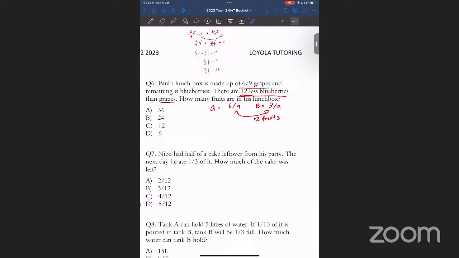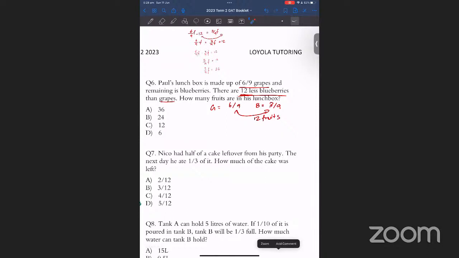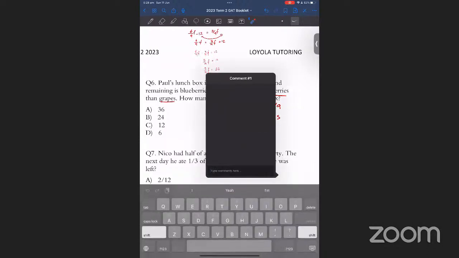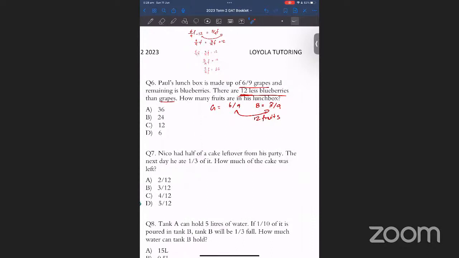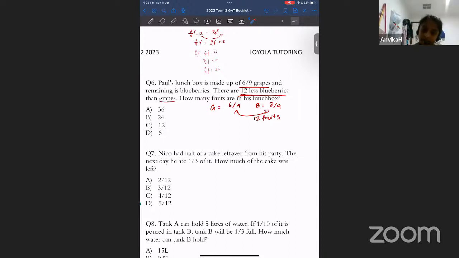The reason it's like that, Anvika, is because the question says that there are 12 less blueberries than grapes. So the fraction of fruits that are grapes is 6 9ths, and the fraction that are blueberries is 3 9ths. The difference between these numbers of fruits has to be 12 because there are 12 less blueberries than grapes. Yes, that's right.